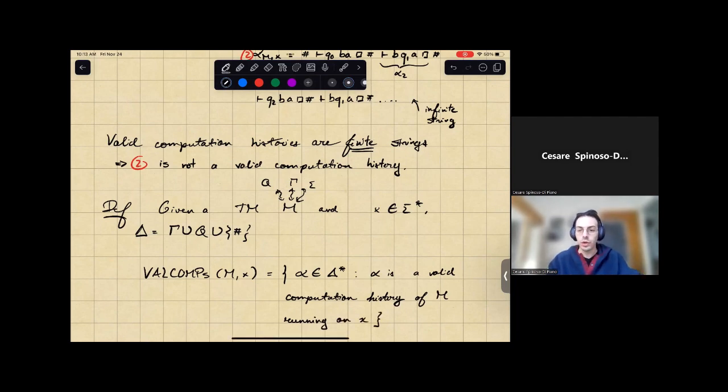Okay, so take a Turing machine M and an input string X and run M on X, right? And all of the strings that represent the valid computation histories, place them in valcomps.